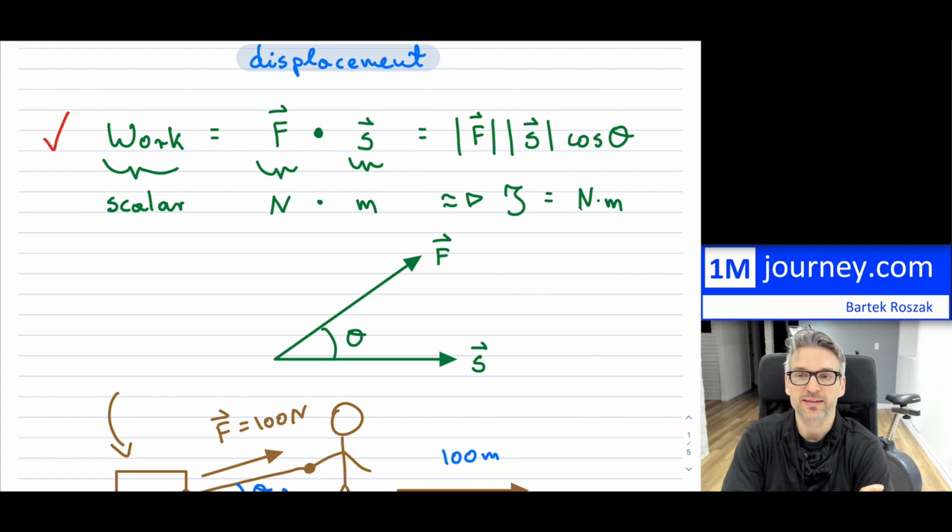So don't forget that you can take the actual force vector, multiply it with the actual displacement vector, and when I say multiply, I mean the dot product between them, and you can find out how much work has been done.